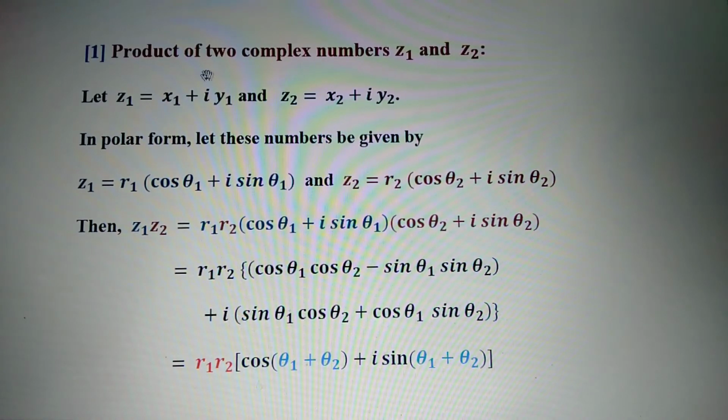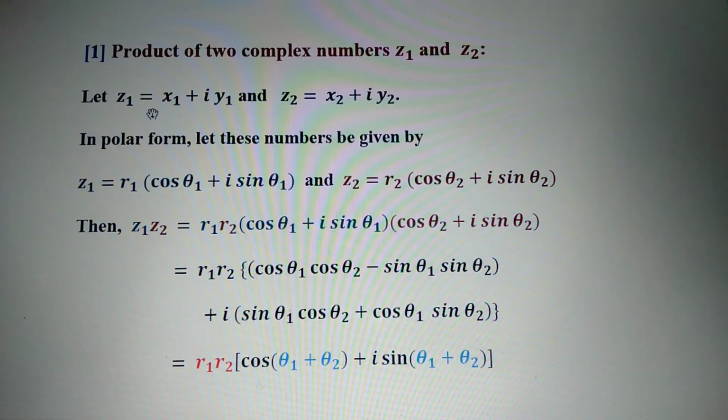So suppose for this first complex number, the modulus is r1 and argument is theta 1. And similarly for this complex number z2, suppose the modulus is r2 and amplitude or argument is theta 2.